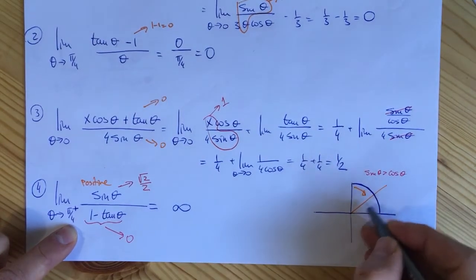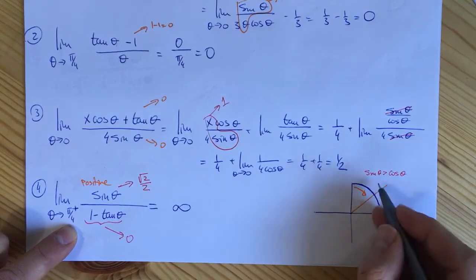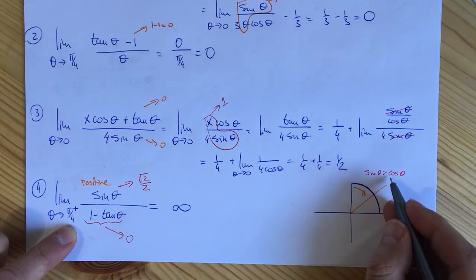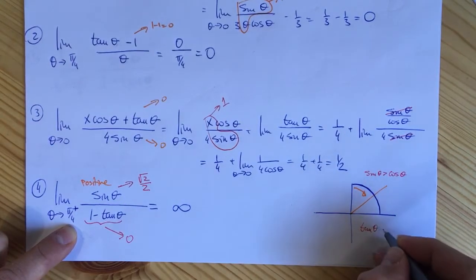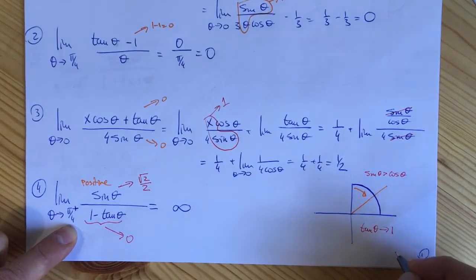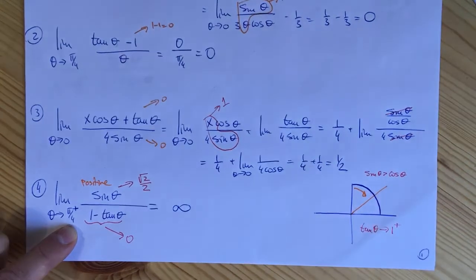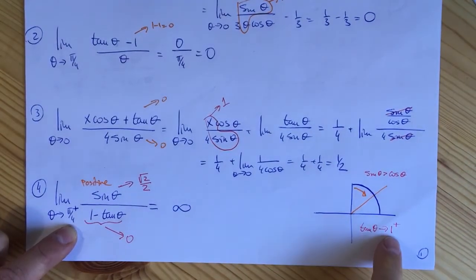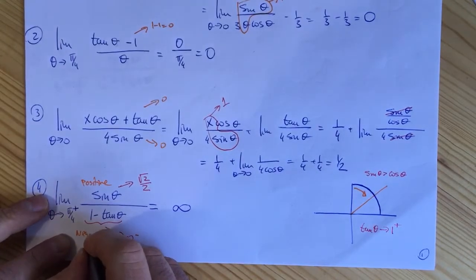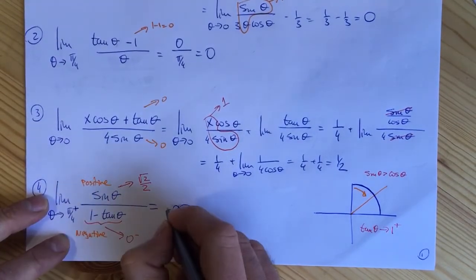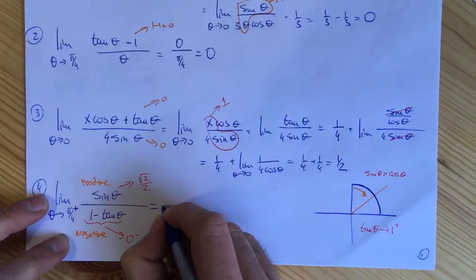For all the angles between pi over 4 and pi over 2, sine of theta is greater than cosine of theta. That means that tangent of theta is going to approach 1, but from the right side, from the side where the numbers are greater than 1. So 1 minus something greater than 1, that's negative. Positive divided by negative is negative infinity.